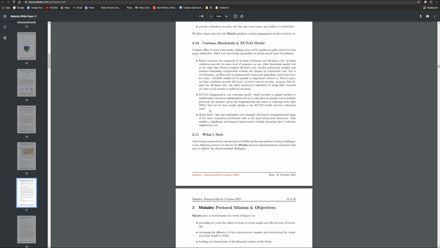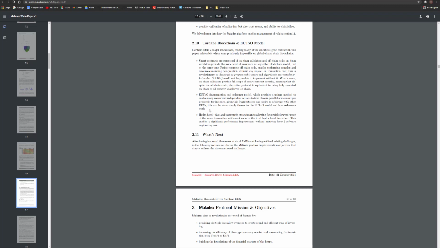And so this is where EUTXOs naturally behave as a parallel sort of system where each UTXO is independent of other ones. And this allows them the flexibility to have all these different swap contracts floating around, operating independently and behaving in complex ways without having to rely on other contracts. I think that's what this is saying. That's kind of what I understood from it.